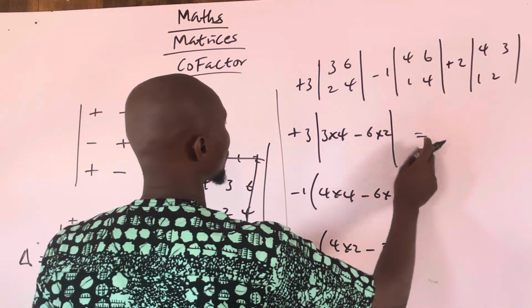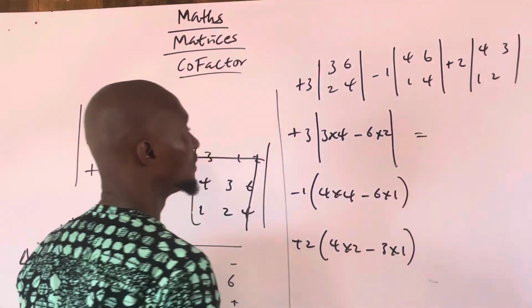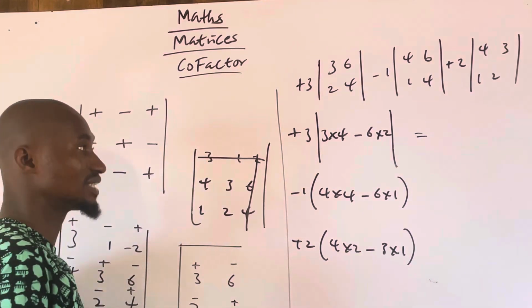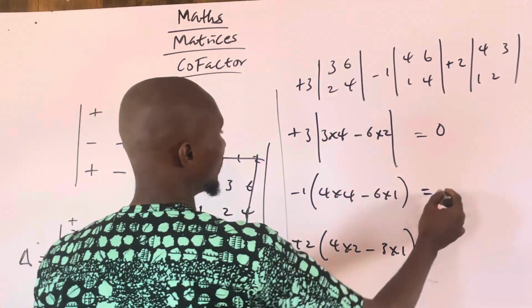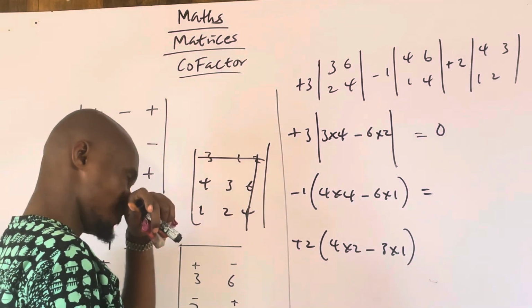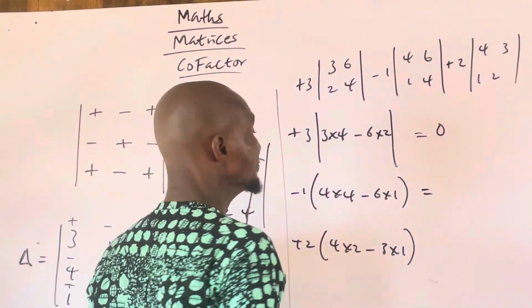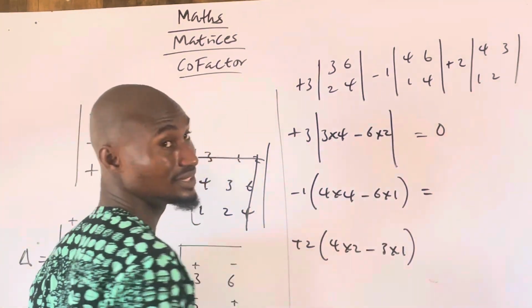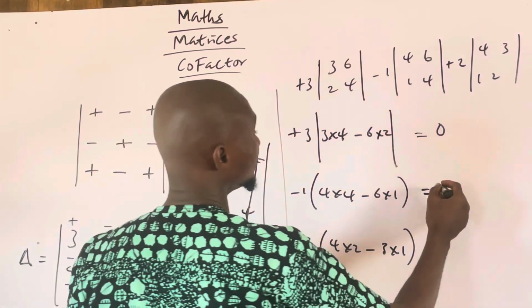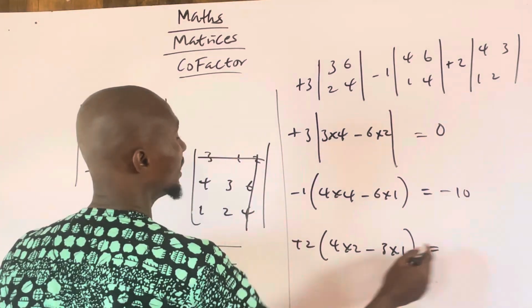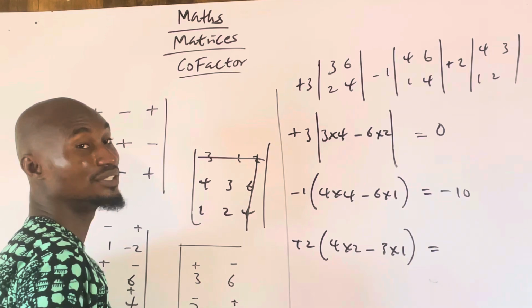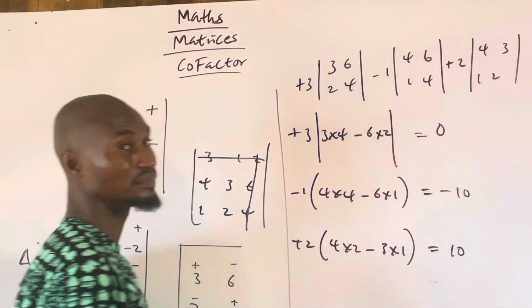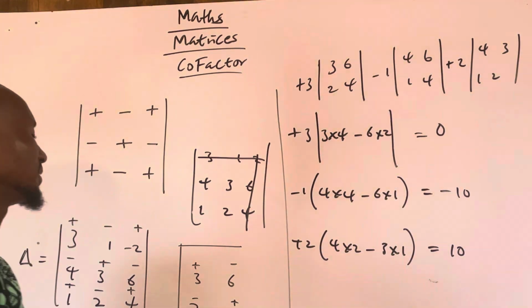So this one gave what? 12 minus 12 is 0, times this. This one gave 0. And this one is what? 16 minus 6, 10. Minus 1 times 10. And here we have 4 times 2, 8. 8 minus 3, 5. 5 times 2, 10. Did you get?